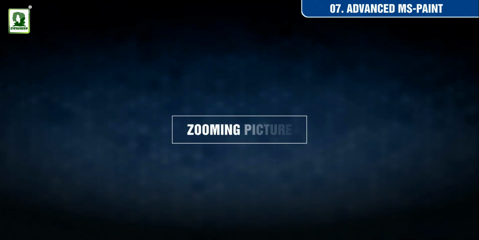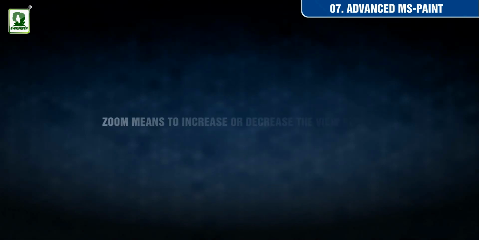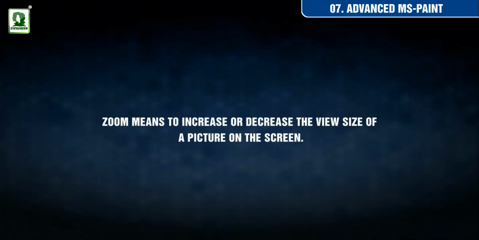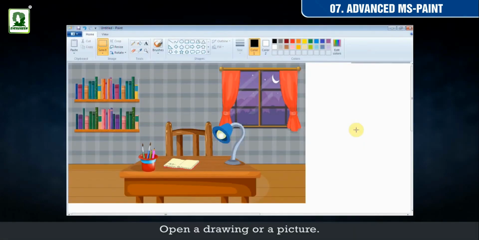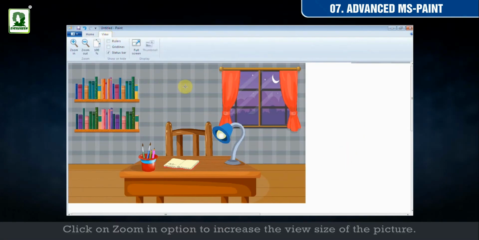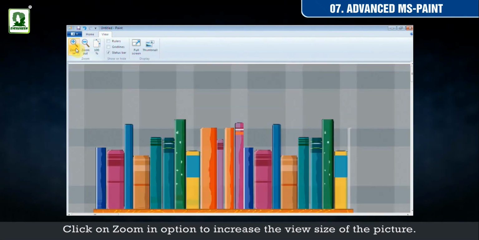Zooming picture. Zoom means to increase or decrease the view size of a picture on the screen. Open a drawing or a picture. Click View tab. Click on Zoom in option to increase the view size of the picture.